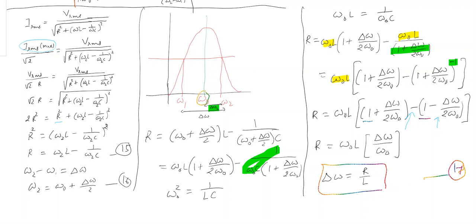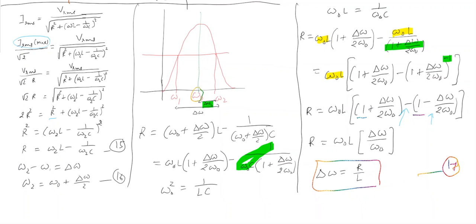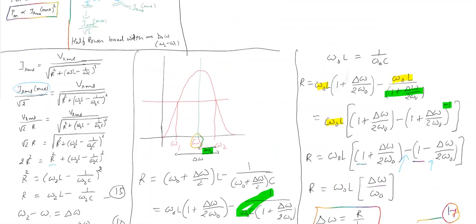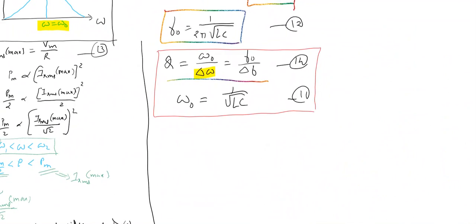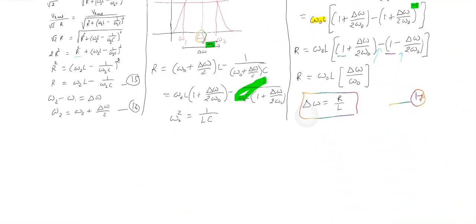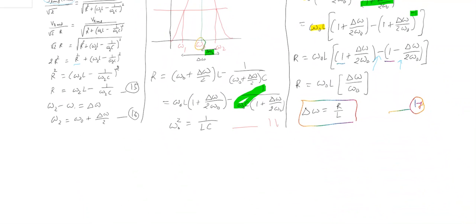Don't forget that earlier we have this equation. We already have mentioned that omega 0 is the 11th equation, and so omega 0 square, let this be the 11th equation. So now if I define quality factor, it is nothing but omega 0 by delta omega. What is omega 0? 1 by root LC.